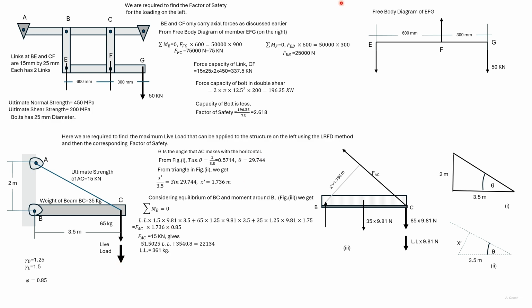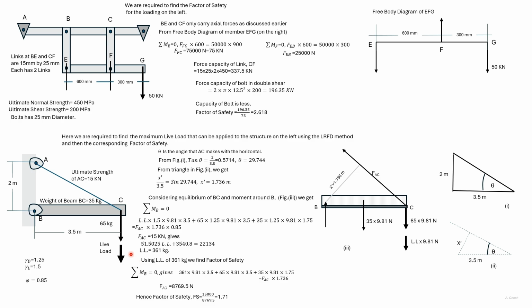Now FAC is 15 kilonewton, from which we get the live load as 361 kgs. The live load of 361 kgs acting here, we can find out the factor of safety.